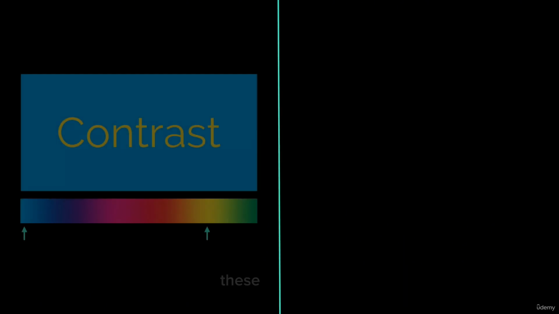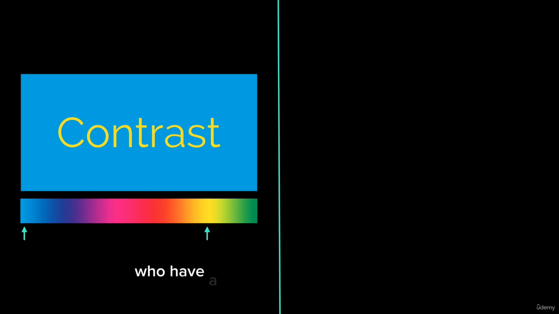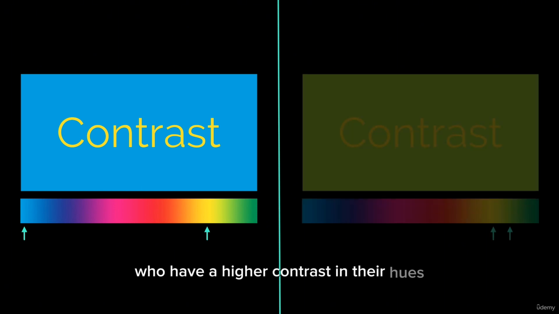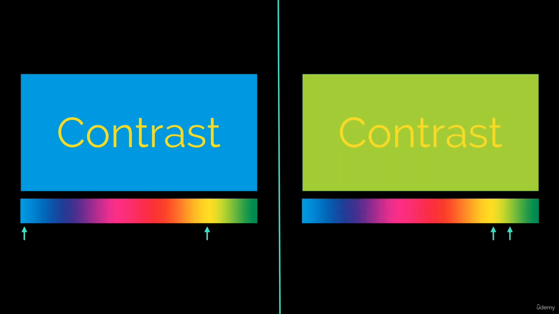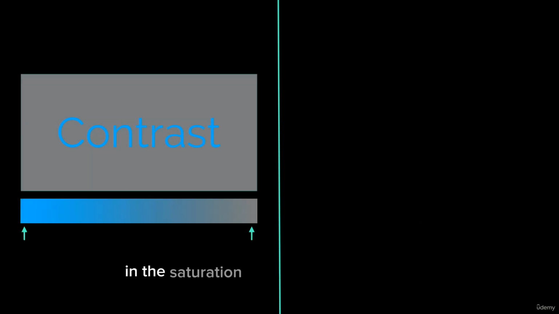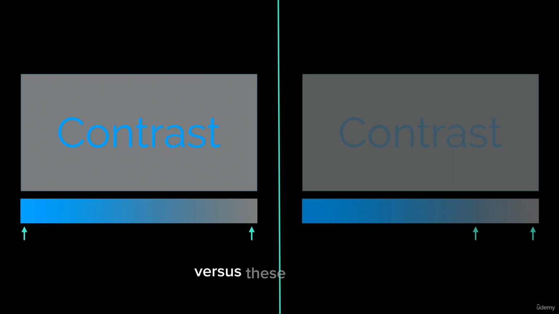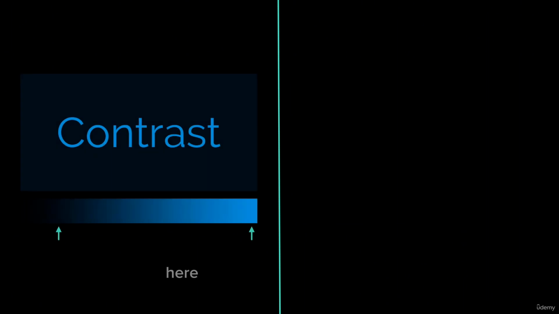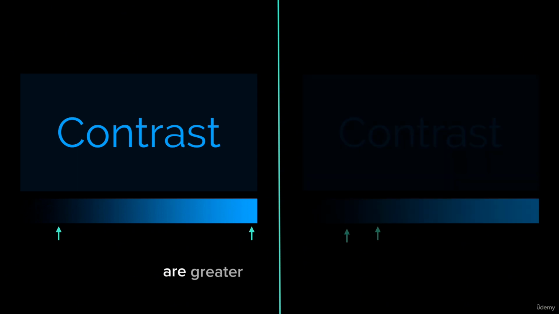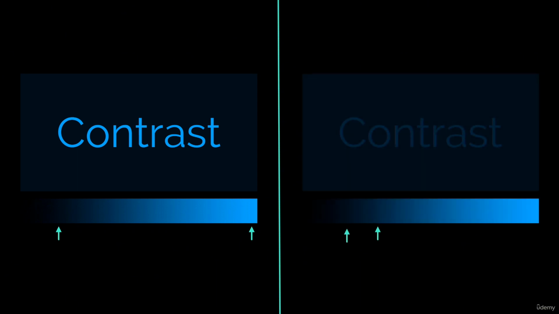Take for example these two colors, which have a higher contrast in their hues than these two colors. Or look at the contrast in the saturation values of these two colors versus these two colors. Here, the contrast is in its values, where these two color values are further apart than these two.